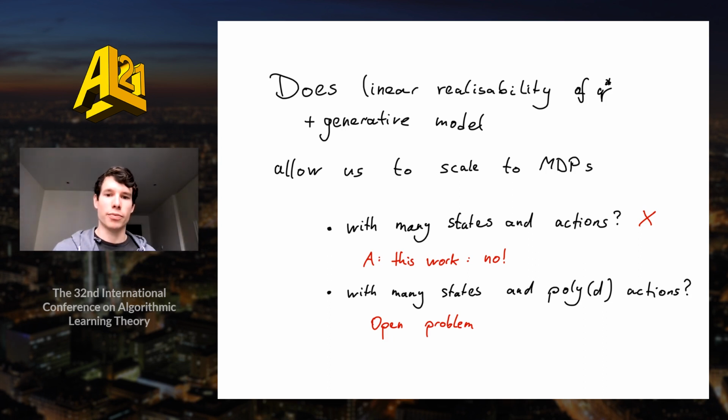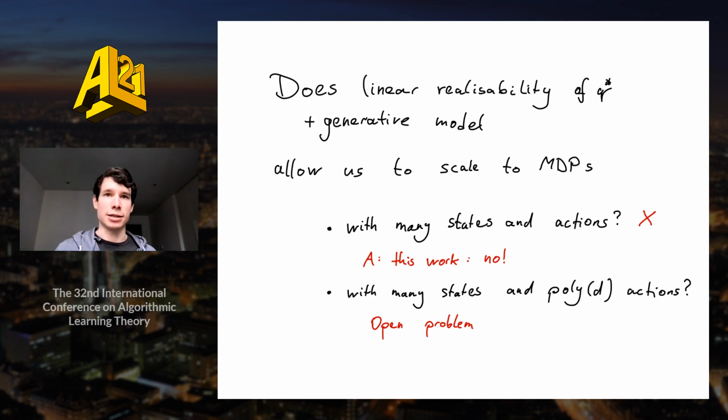So to sum up, what we answer in this paper is this question of, does linear realizability of Q star and a generative model allow us to scale to MDPs with many states and many actions, that is exponential states and exponential actions? The hope would have been that yes, this would be possible because you only need to learn D parameters. But the answer is that no, this isn't actually true.